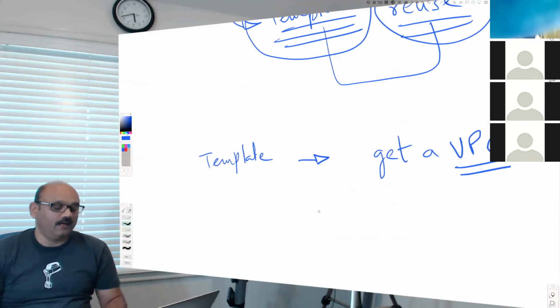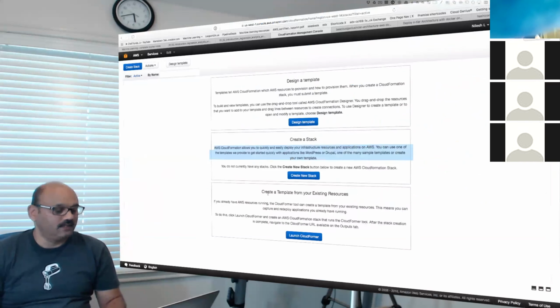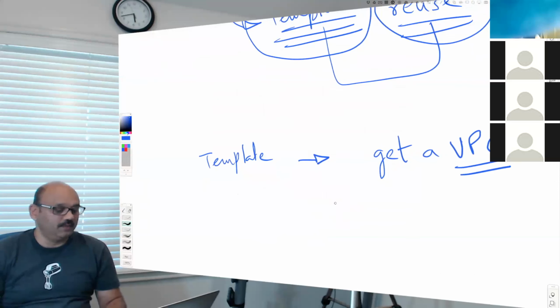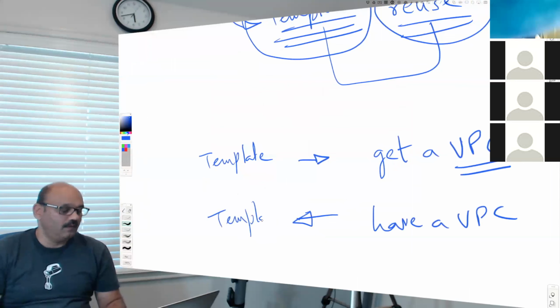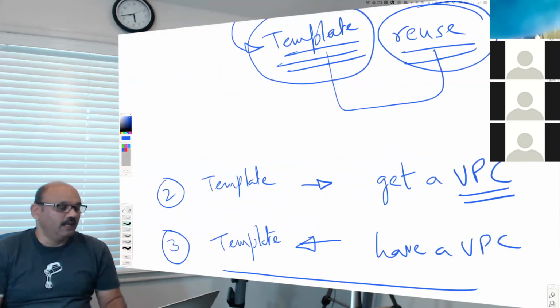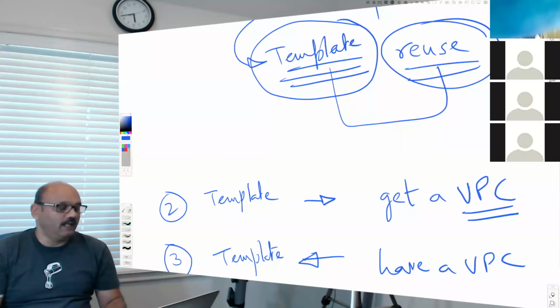And in the third case, which is to create a template from your existing resources, you do the opposite. You have some resources, and you get a template. So those are 3 things. This is number 3, this is number 2, and this one is number 1, where you design it from scratch.